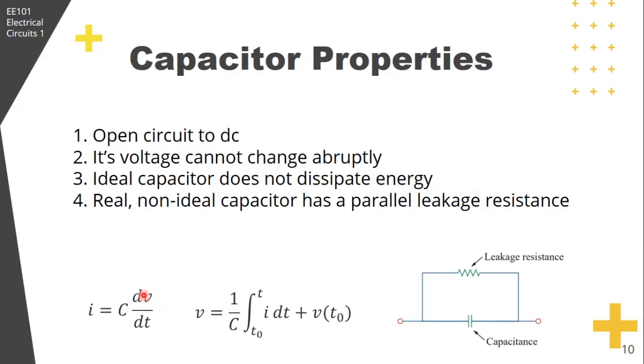So kung constant ang voltage nga i-apply, then si current kay 0. Pero ani ha, the moment nga mag-apply ka, for example, battery, that's a DC voltage one, di ba, across the capacitor, ang imong capacitor mo-charge na siya.